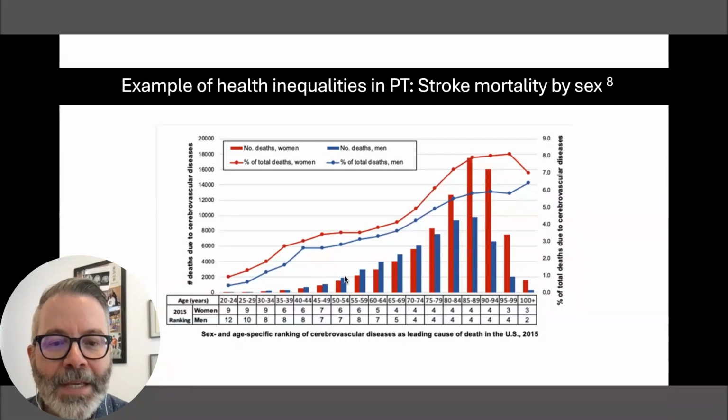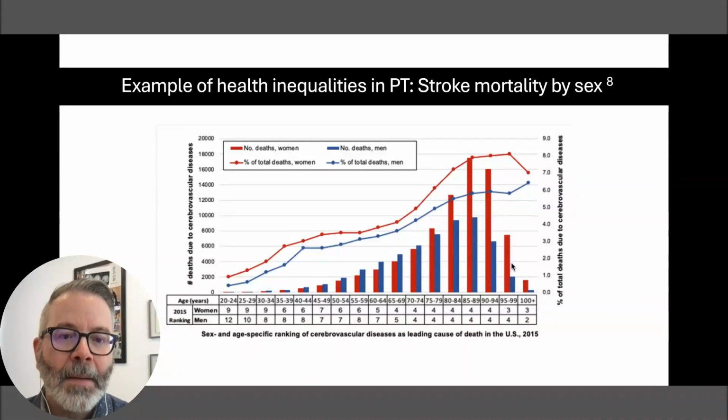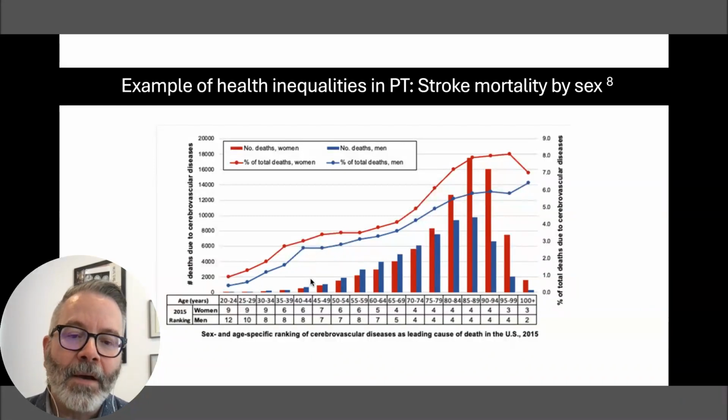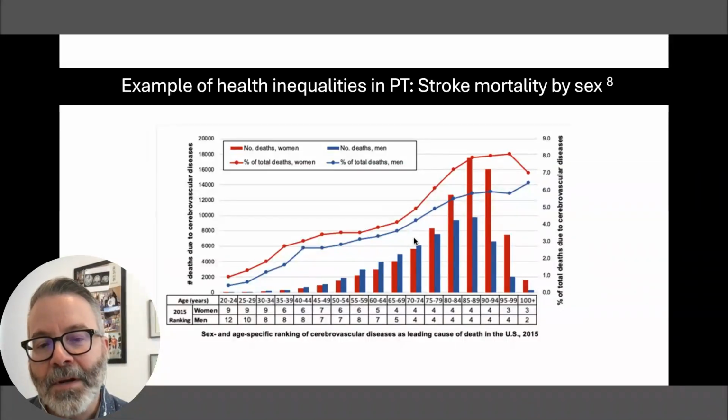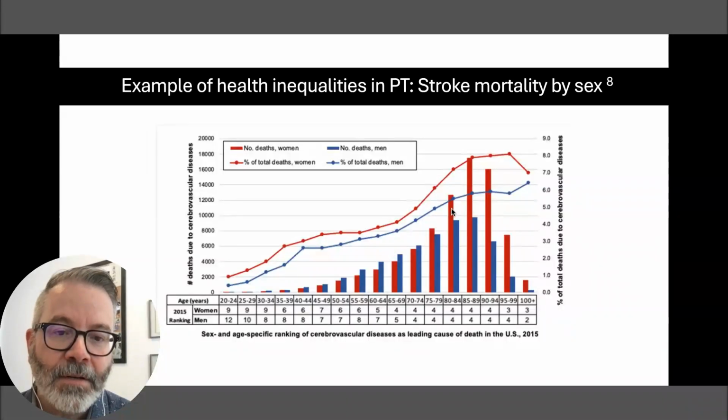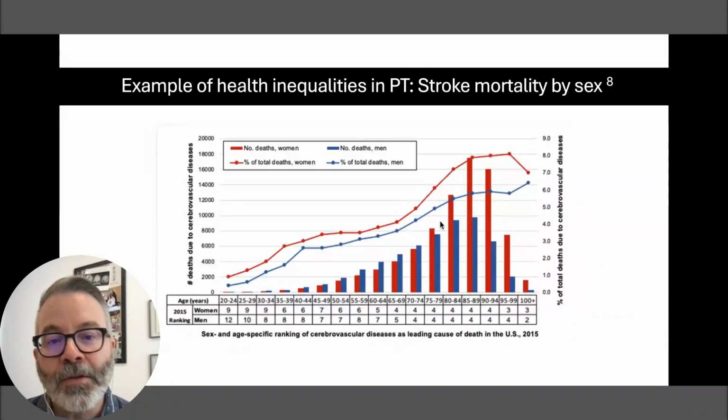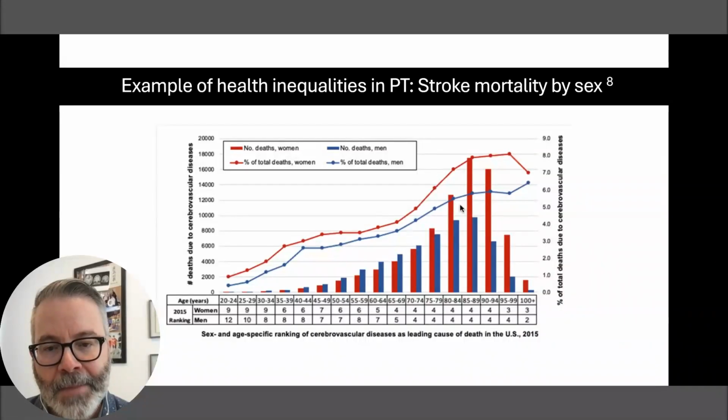When we see what is actually being measured, which is the number of deaths by stroke, as the sample of participants age, we see that the number of deaths goes up. And this is just a mere function of age, right? Older people are more likely to die.